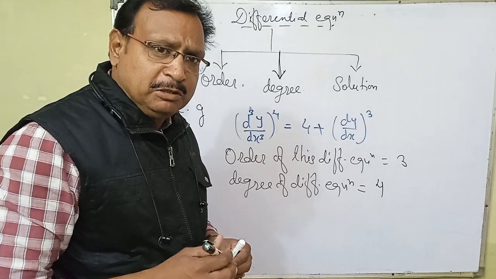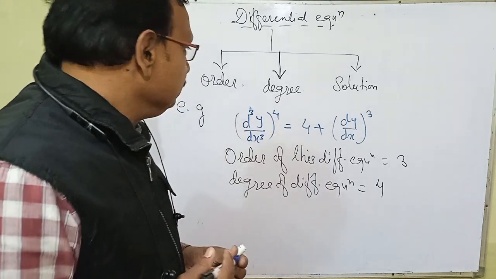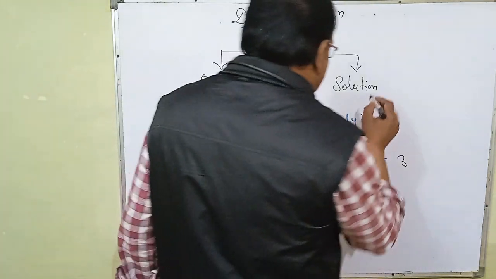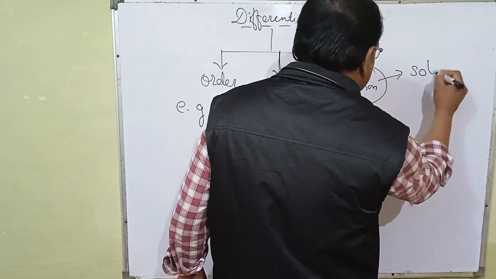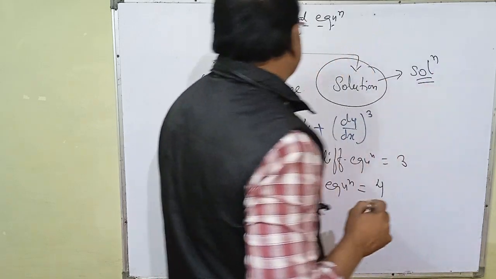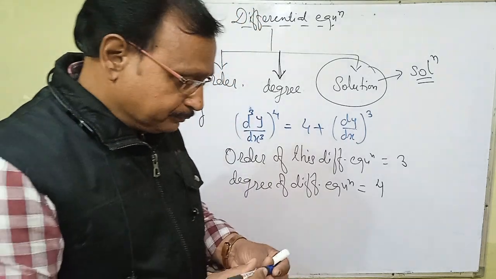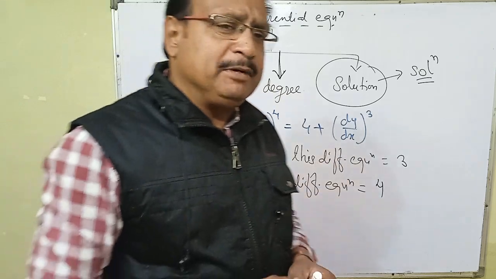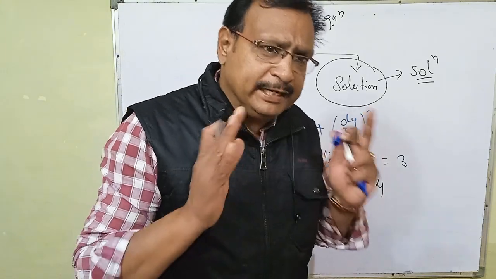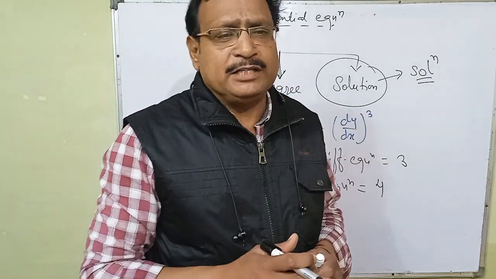on the differential equations part. Now we come to the very important aspect of this topic. We say solution of the differential equation. The solution of differential equations contains three parts in the syllabus of class 12th.